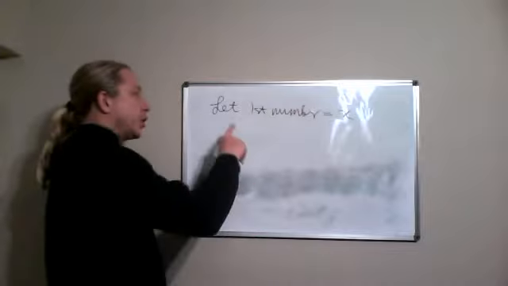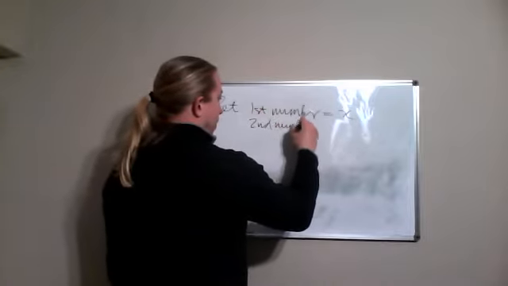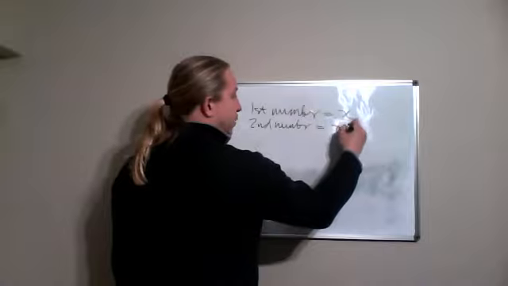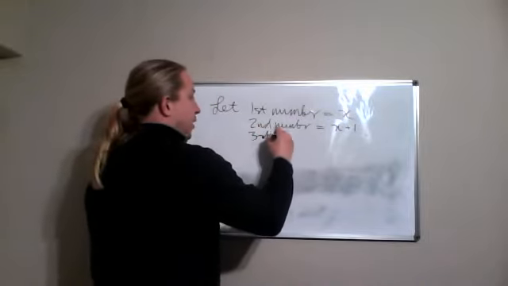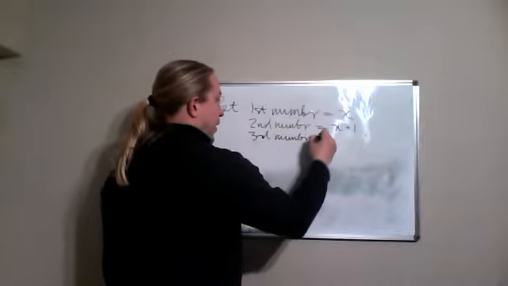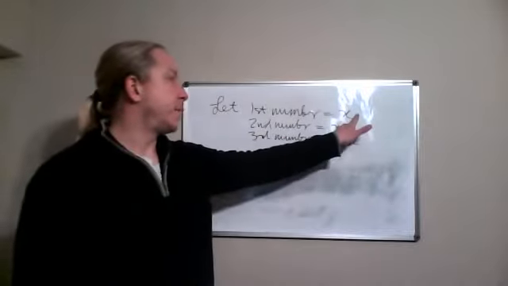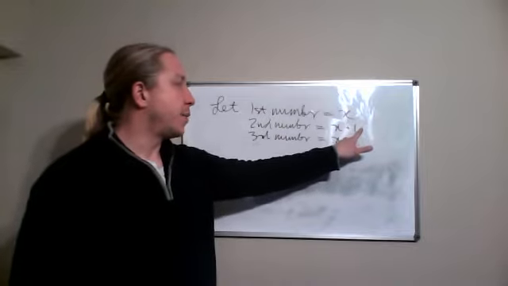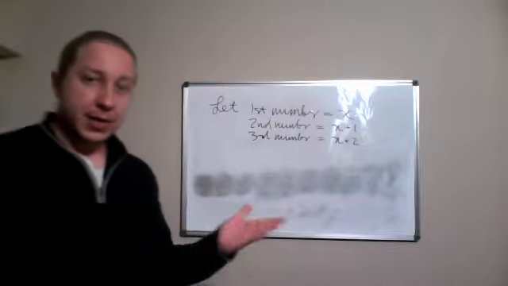So the second number equals x plus 1. And the third number equals x plus 2. Because if that's the first number, we add 1 to get to the second number, add another 1 to get to the third number. Okay, so there's our three numbers.